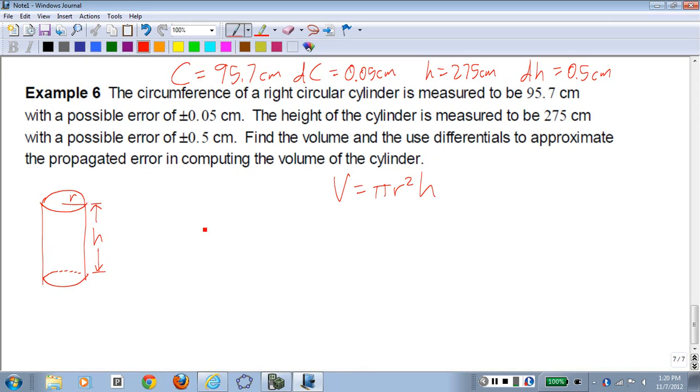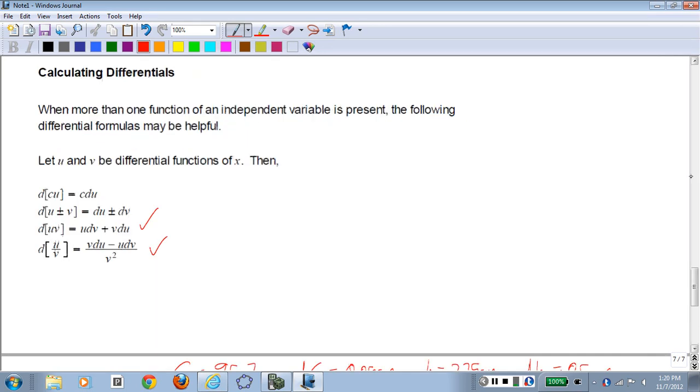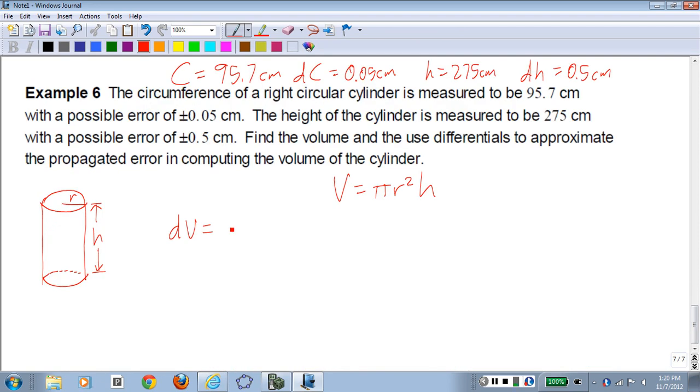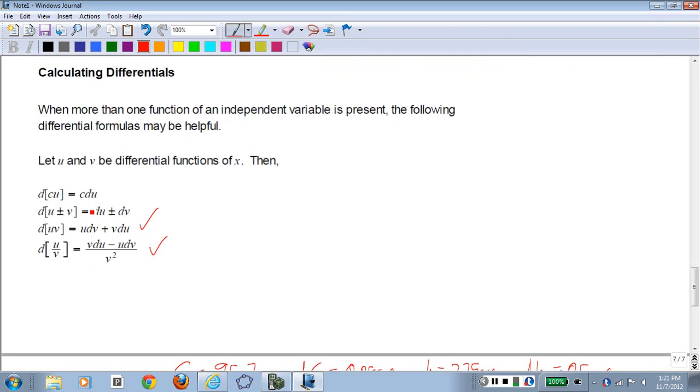Well, here goes. dV equals, and let's see how this, basically it's the differential of a product, so something akin to the product rule applies. See if this makes sense. The differential of pi r squared h. So dV, first let's do the constant multiple rule. Take the pi out in front.